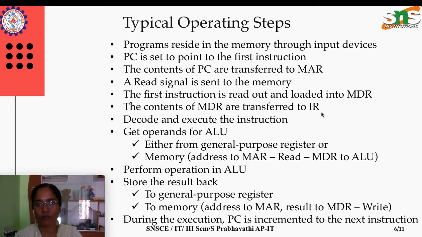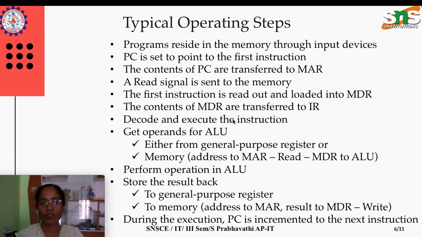So it fetches the first instruction via the MDR, and the same is transferred to the IR. Now the processor will decode what that instruction is, whether it is for the arithmetic and logic unit, like addition, subtraction, multiplication, or a store instruction or move instruction. That instruction needs to be decoded, and after decoding, the instruction gets executed.